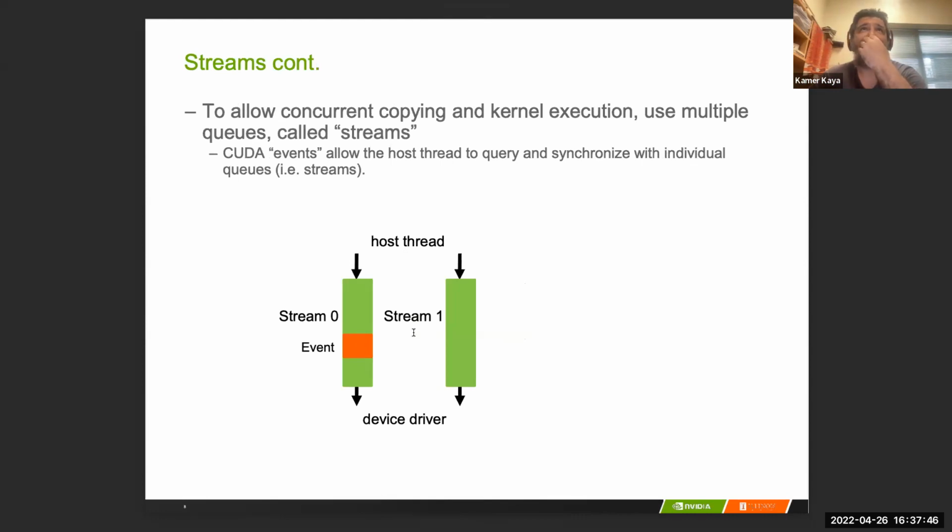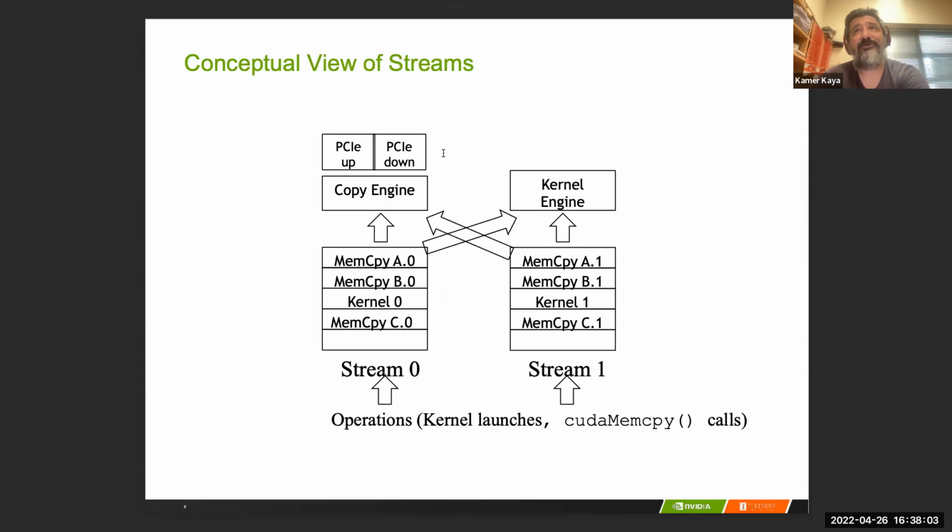There are also CUDA events with which you can have advanced synchronization among these multiple streams, but we will not cover that today because we don't have time. We will just go over simple stream usage, and that will be sufficient for many use cases, in fact.